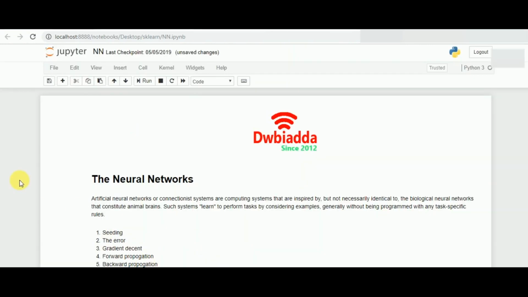Okay, so the notebook is ready, and as we can see, this is the definition of artificial neural networks given by Wikipedia. What it specifically means is that you're trying to mimic the part of the brain in which you make the computer learn in such a way that it's not explicitly given rules to understand, but makes its own decisions.